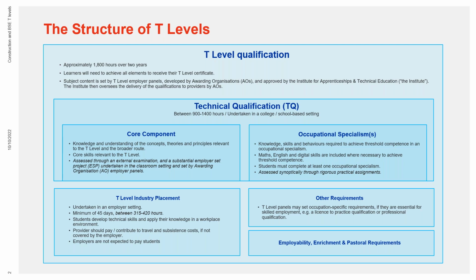For example, the T-level is typically over 2 years, approximately 1,800 hours, and you will see that they do vary between the on-site and the building services in terms of the GLH that have been allocated to them as we work through this development.